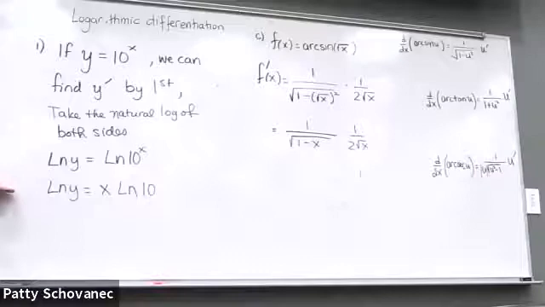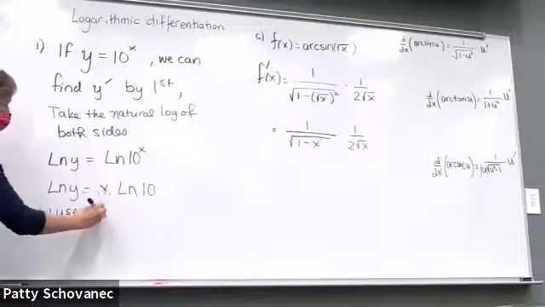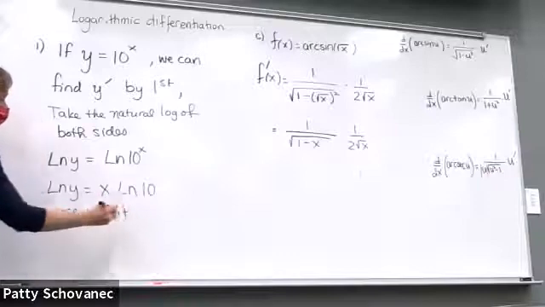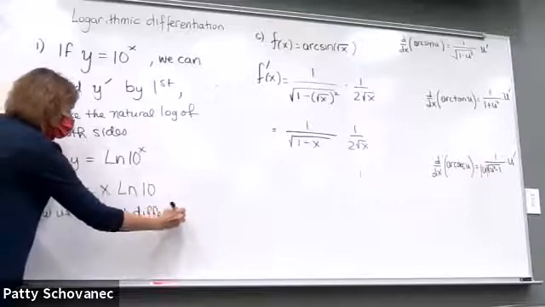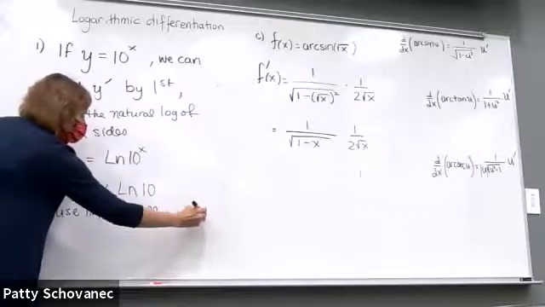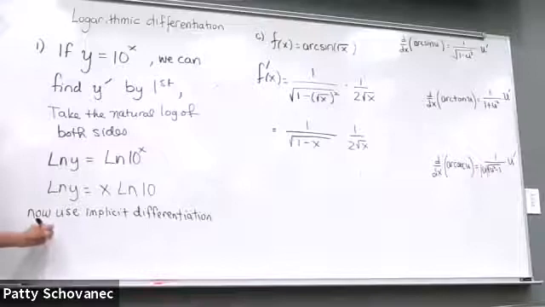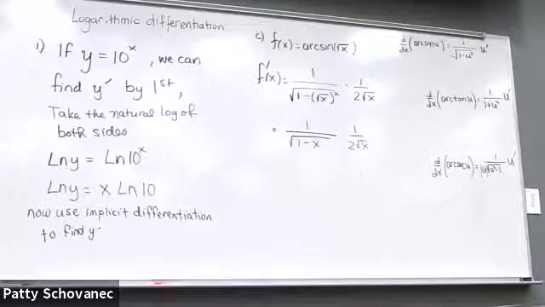From here, we use implicit differentiation to find y prime. Take the derivative of both sides with respect to x.